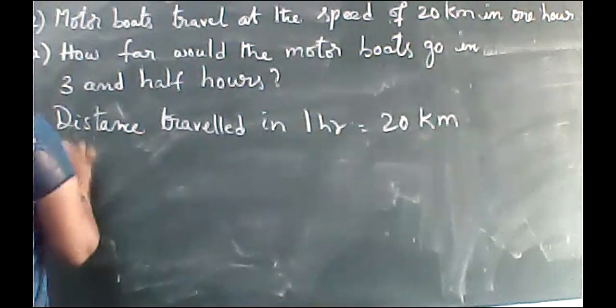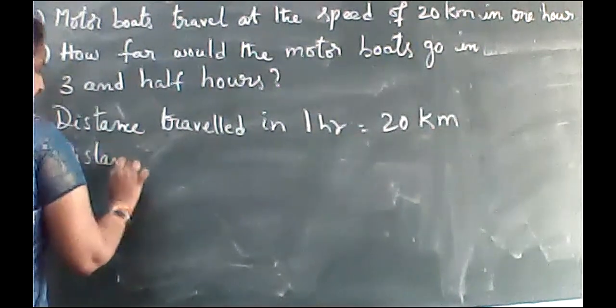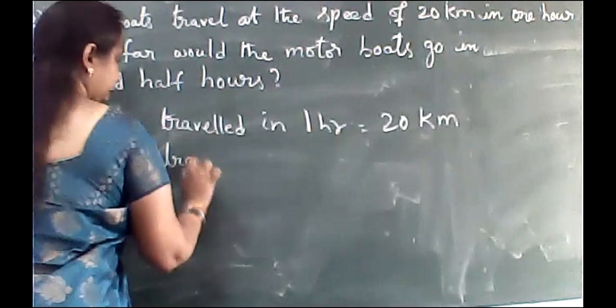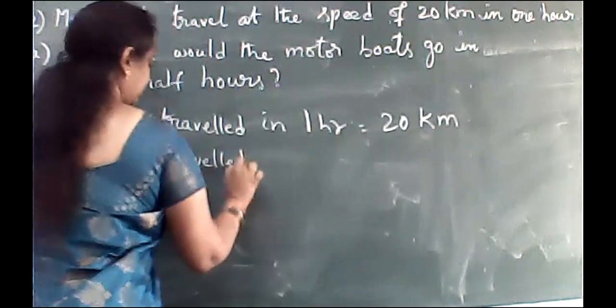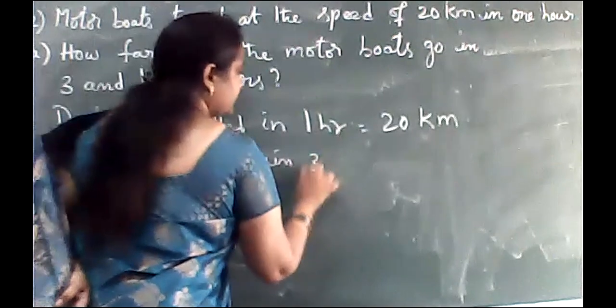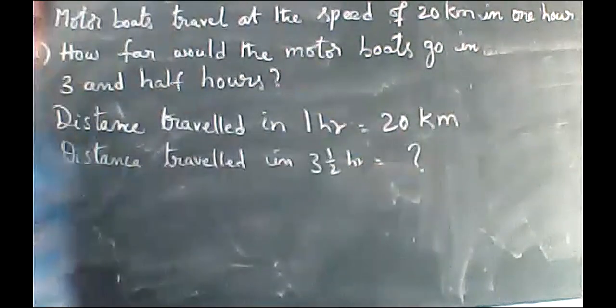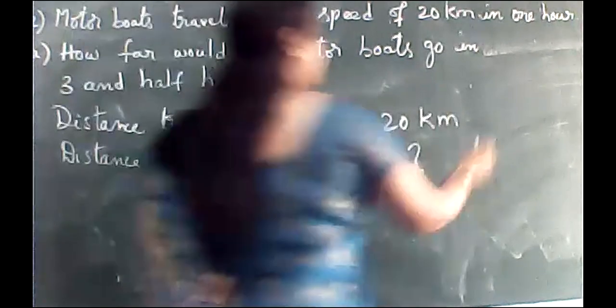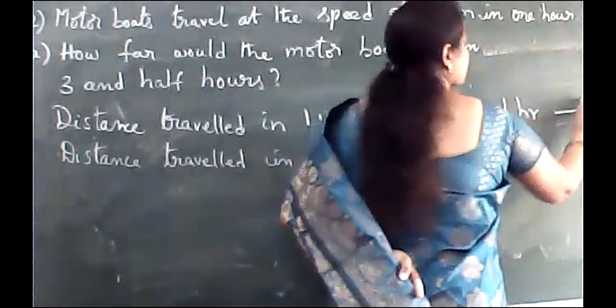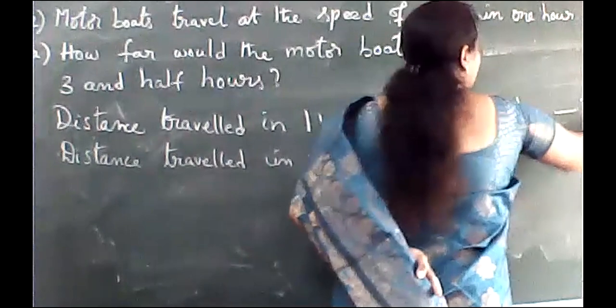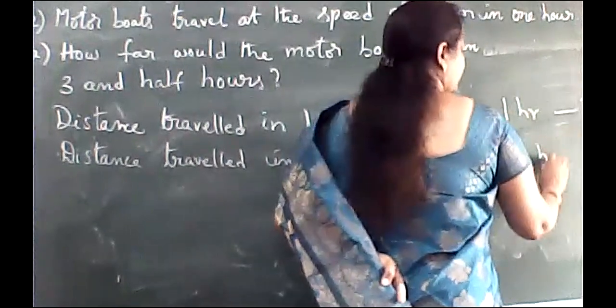Now we need to find out the distance traveled in 3.5 hours. That means in 1 hour it is traveling 20 kilometers. In 3.5 hours, how much?